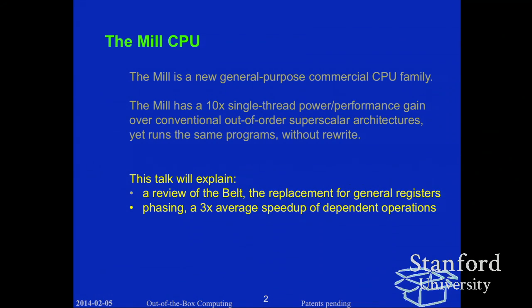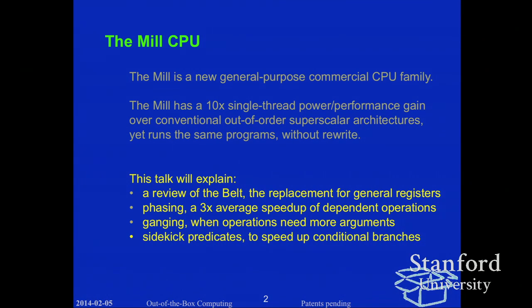Given that as background, I'll talk a bit about how phasing permits us to triple the effective ILP, instruction level parallelism, of existing codes, and how we are able to combine the computational capacity of the machine so as to support novel operations that a conventional machine cannot do.